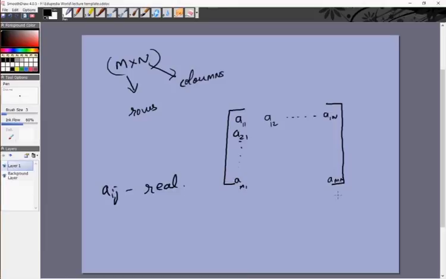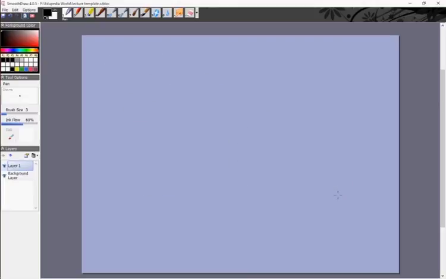Now let's look at different types of matrices that are in use. There are some matrices which would be called row or sometimes column vectors. Now you all know what vectors are. You've done them in physics in 11th, and here vectors are used in a slightly different context, but the maths will always be the same, right?